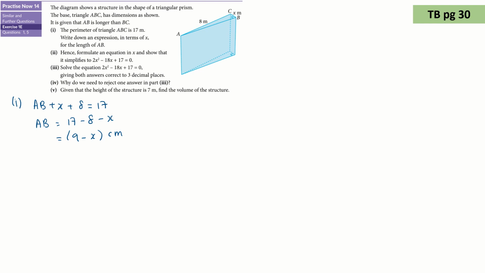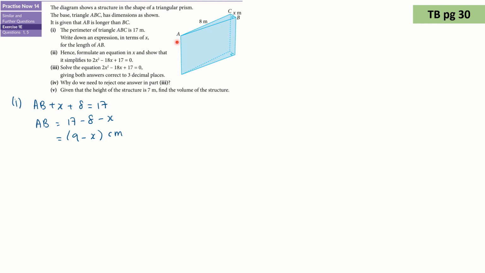Next, in part 2, we want to formulate an equation and show that it simplifies into this quadratic equation over here. For formulating an equation, we need to look back at what the question has given us. Earlier on, we mentioned that this triangle is a right-angled triangle. So what comes into your mind when you think about a right-angled triangle?